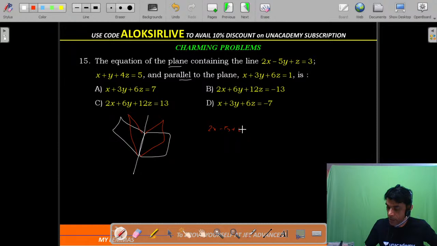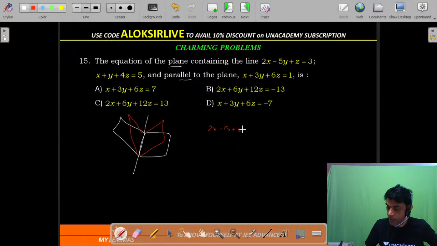This plane is parallel, so I can write 2x as 2 plus lambda times x, y as minus 5 plus lambda y, and z as 1 plus 4 lambda, and minus 3 minus 5 lambda equal to 0, this one.